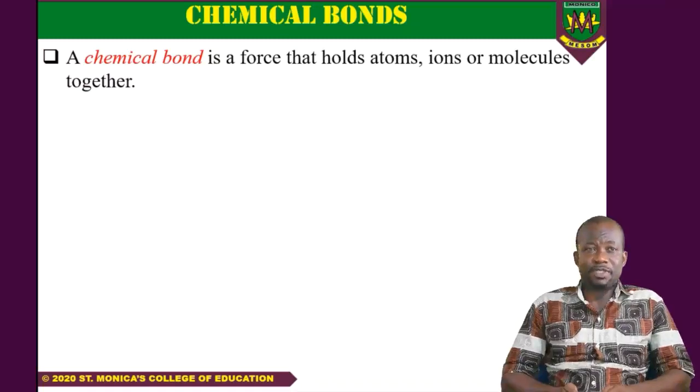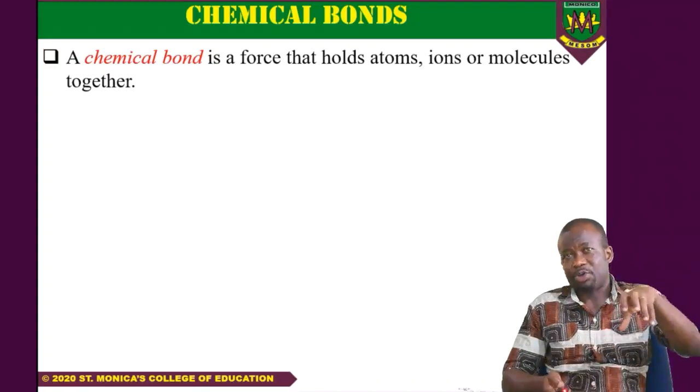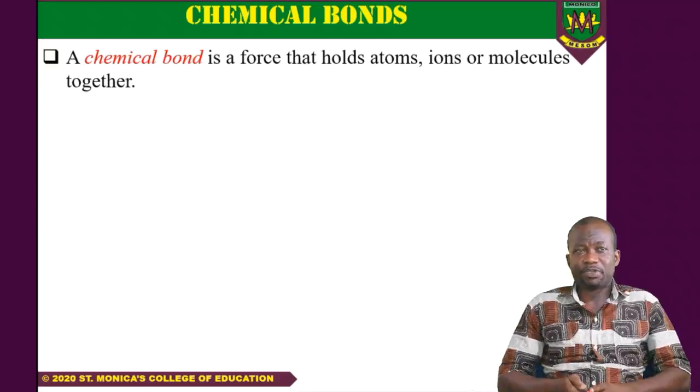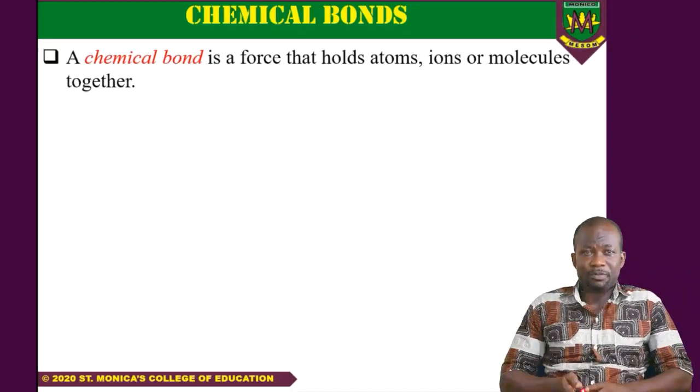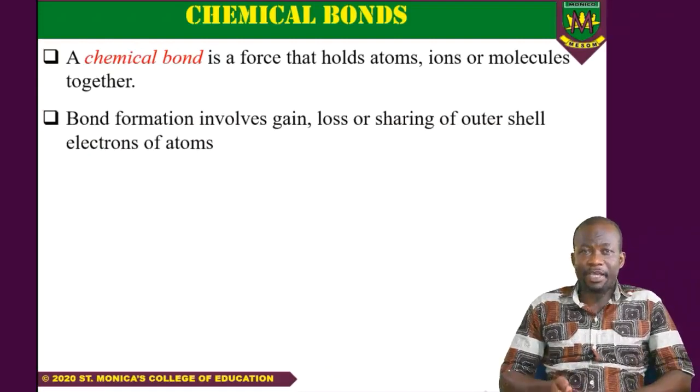So a chemical bond is a force, and that force holds atoms, ions as well as molecules together. That force that holds atoms, ions or molecules together is what is referred to as a chemical bond. Like I've already echoed, bond formation involves gain, loss or sharing of outer shell electrons of atoms.